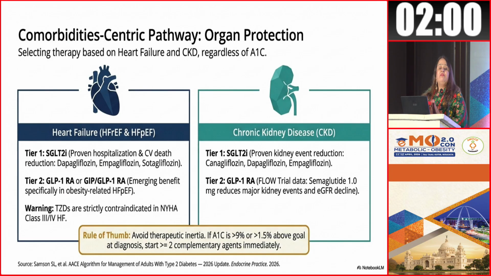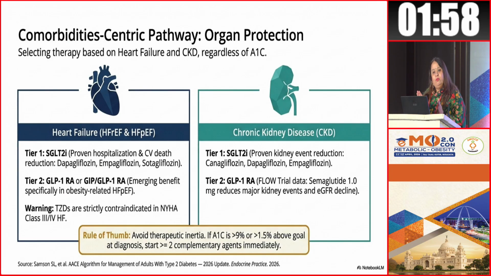And then they have come up with the warning, which also was included earlier, that TZDs are an absolute contraindication in NYHA class 3 and 4 heart failure. With respect to chronic kidney disease, tier 1 obviously includes SGLT2 inhibitors, followed by GLP-1 receptor agonists. Rule of thumb here, avoid therapeutic inertia.